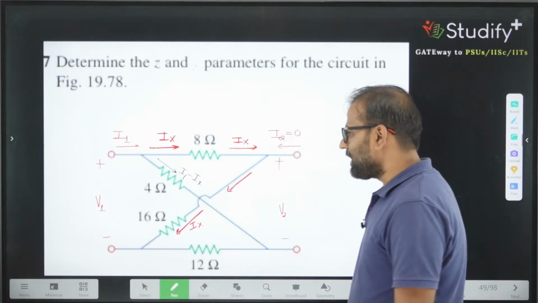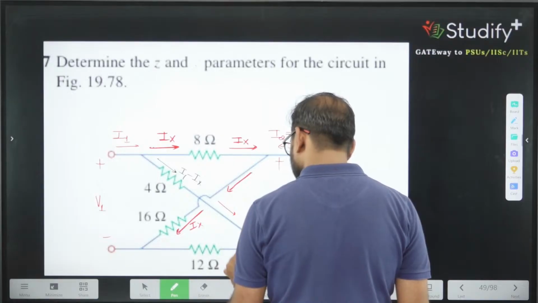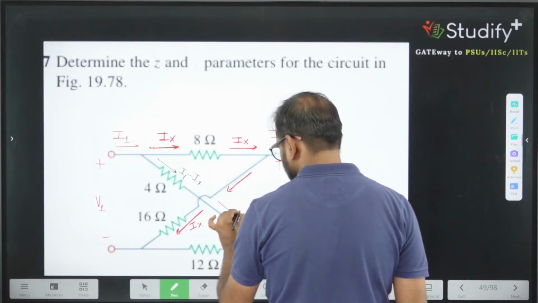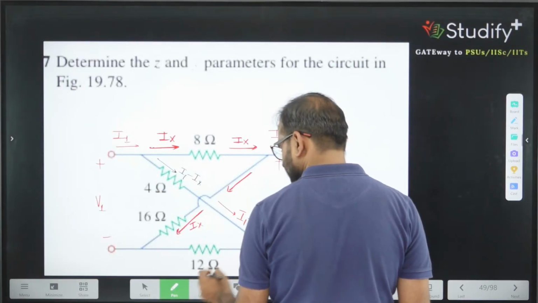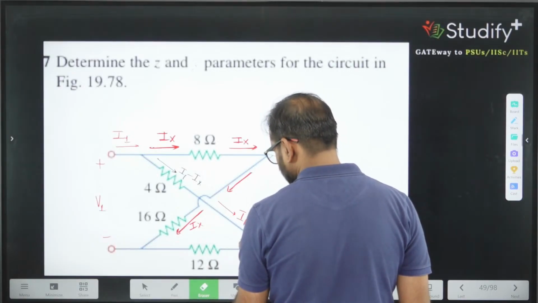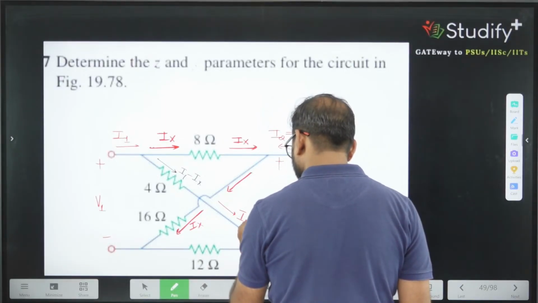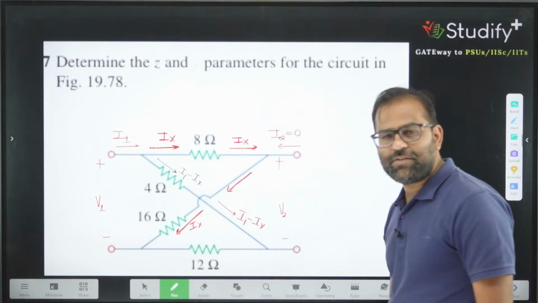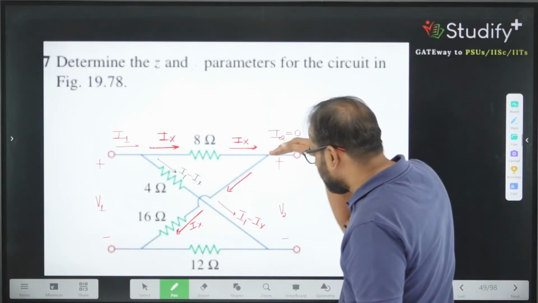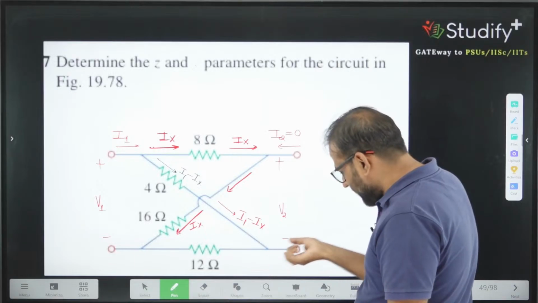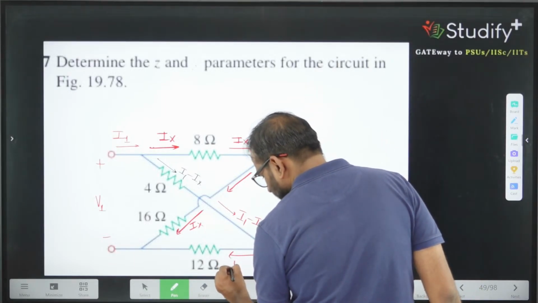Now, what is this current? This current is I1 minus Ix. If this current is I1 minus Ix, can I say no current is coming? If the current entering the node is 0, the current exiting is also 0. So the same current, I1 minus Ix, will flow in this.